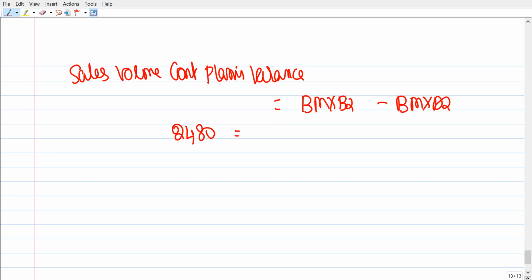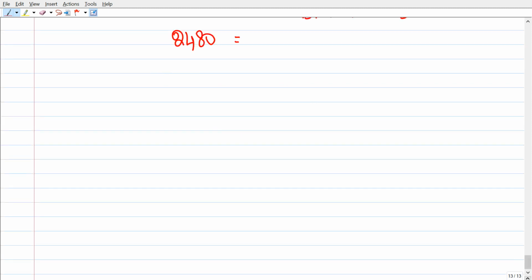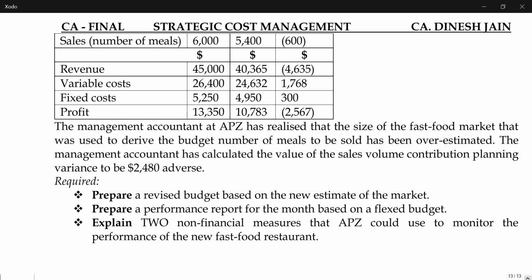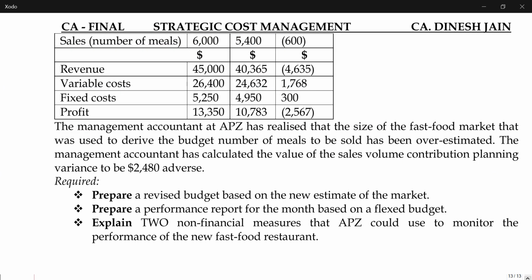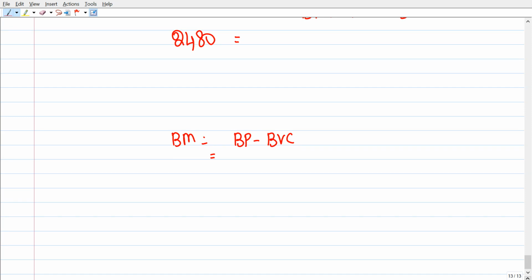2480 is equal to, leave some lines, BM equal to budgeted price minus budgeted variable cost. Look at that budget and tell me these two numbers. Contribution means you'll have to do marginal costing. That's very clear. Budgeted price minus budgeted variable cost. What's the budgeted price? 7.5.